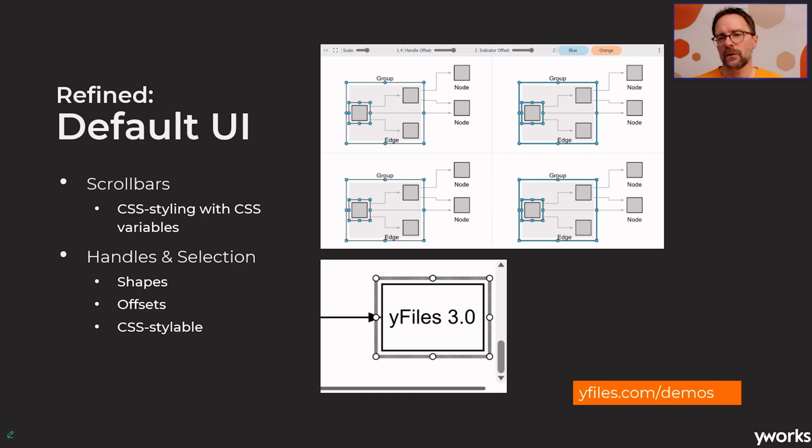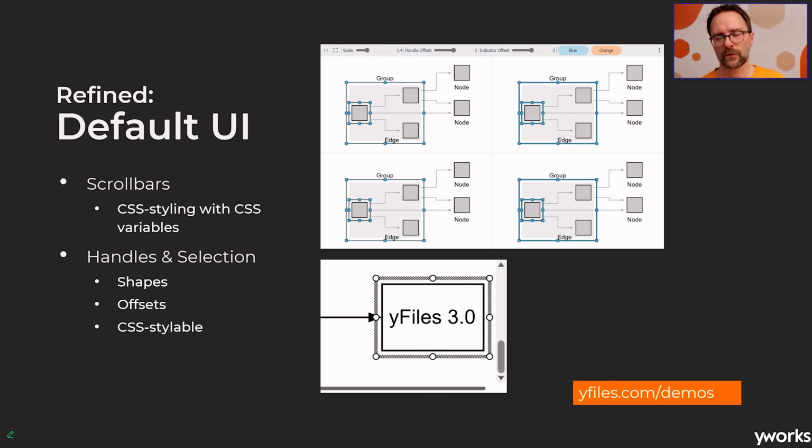Now to the UI elements in the visualization that do not belong to the graph directly. Things like scroll bars or the handles that the user interacts with when they work with your graph visualization. We reviewed our settings, we changed the defaults, we came up with a much more modern look and feel by default, and we added a few more features in there.